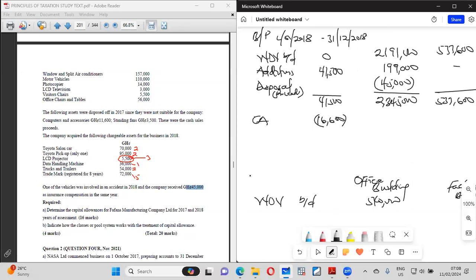That is giving me 703,500. Then I have 533,600 multiplying 0.2. That is 106,720. So basically, that is what I have.